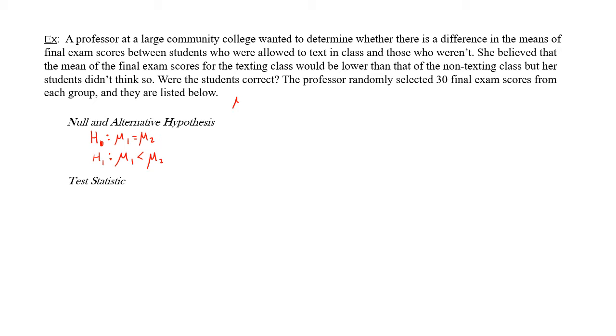Okay, so here we'll have mu1 be the mean score of the texting group, and mu2 is the mean score of the non-texting group.